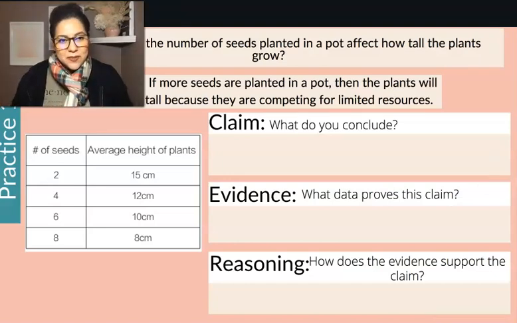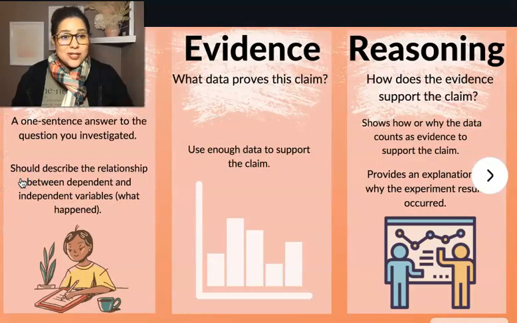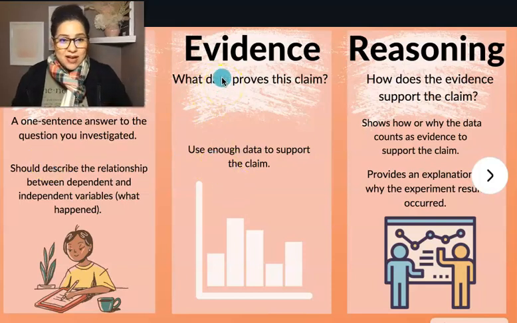So this wraps up our example of claim, evidence, and reasoning. Again, what do we mean by claim, right? It's what you conclude. And it could be a one sentence answer to what you investigated. You always want to back it up with evidence. You always have to support that claim with evidence. And in science, it could be both quantitative or qualitative.